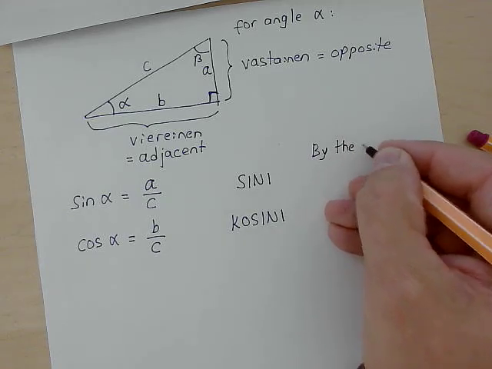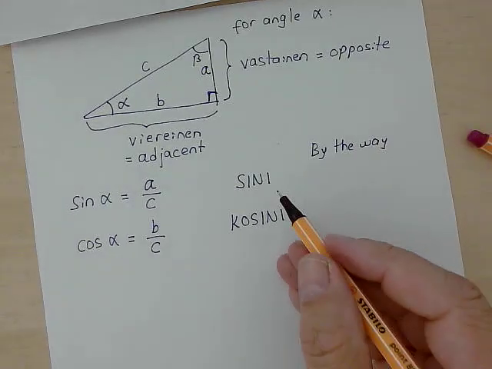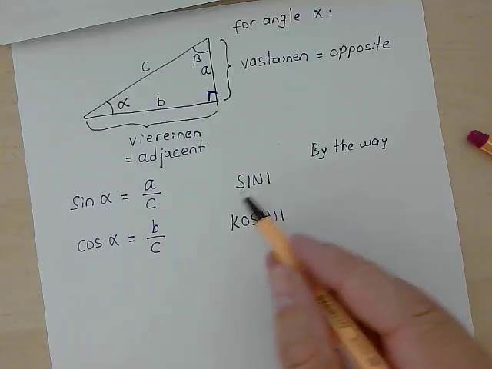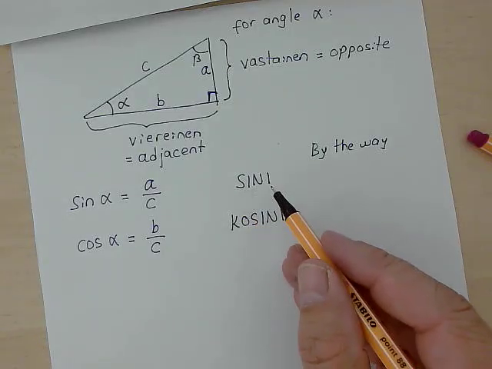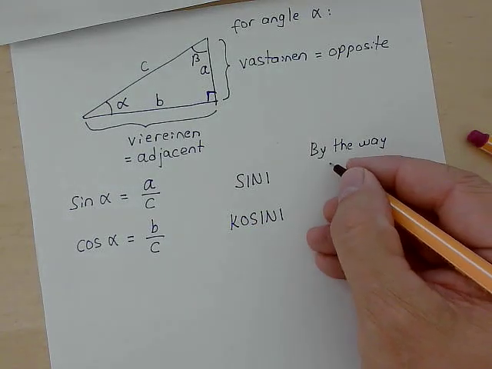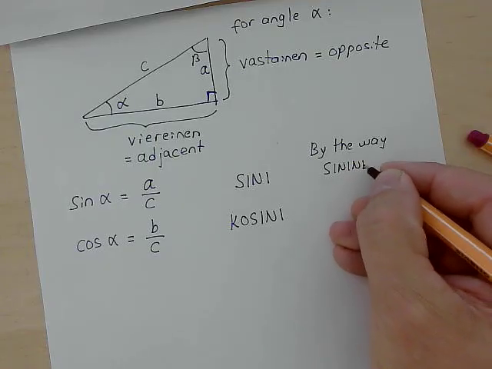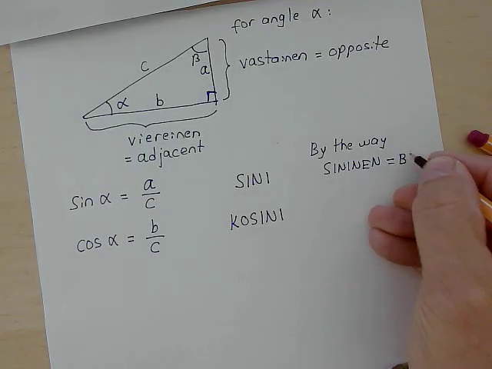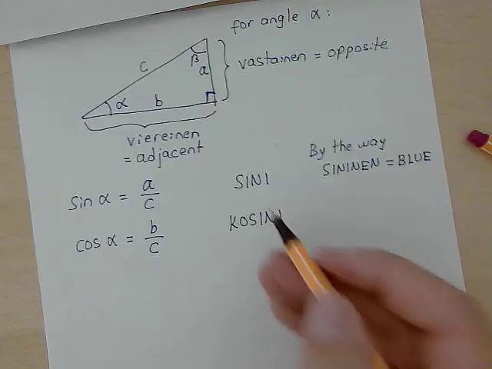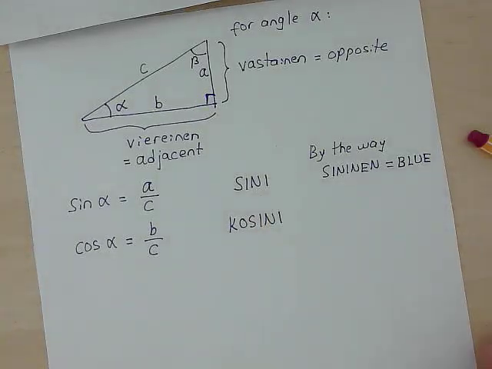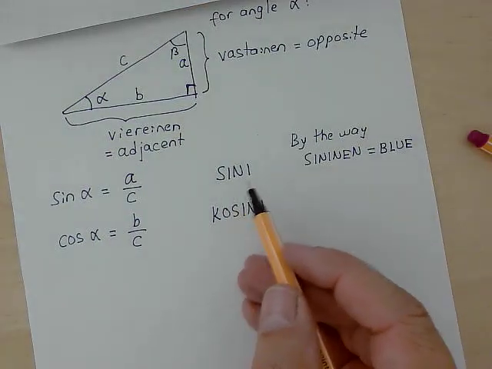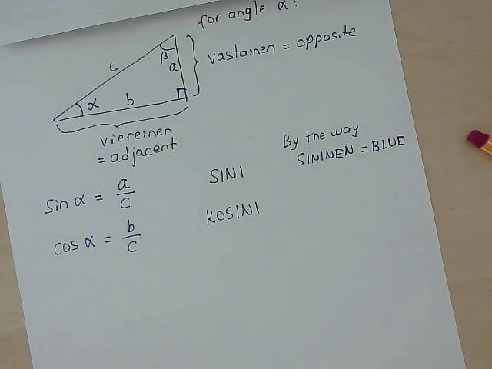By the way, do you remember this is also a color in Finnish? Have you learned colors? Sininen. This is blue. But you may also use this sini word. For example, if you have a blue sky there, and sky is taivas, it is sini taivas.